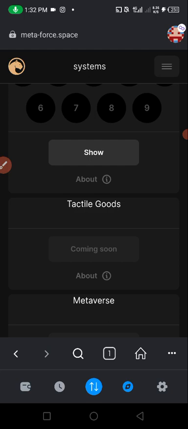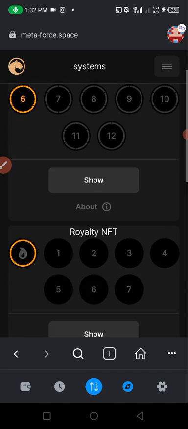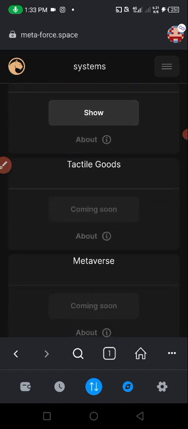So instead of paying $100, you pay $50 to get that tactile goods and everything you will benefit on it. But the discount only applies when you have TRO token. So you see another use of the TRO token for the tactile goods coming.